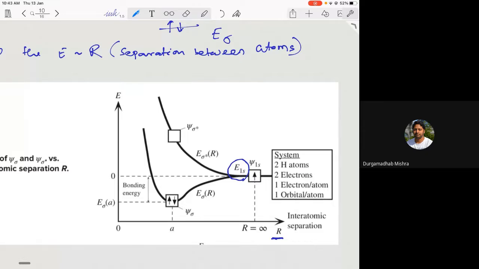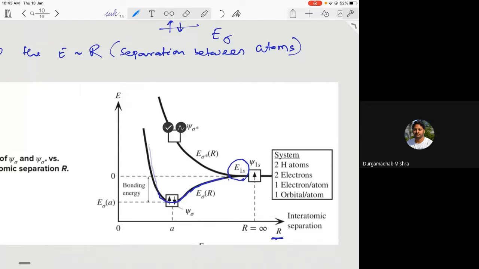As we go on bringing them closer and closer, at a certain separation these two energy levels will appear, and then slowly as you bring them closer, you have energy which has a feature like this.